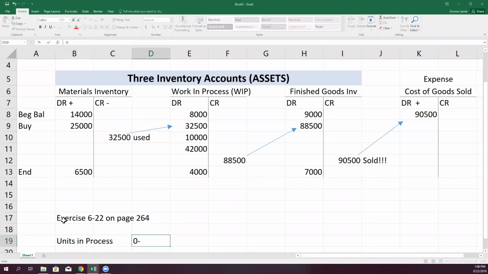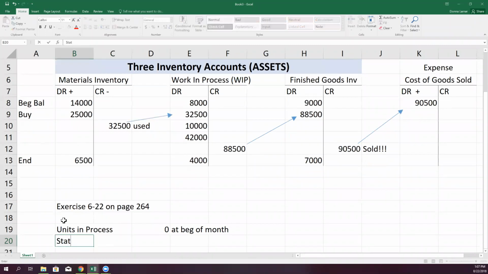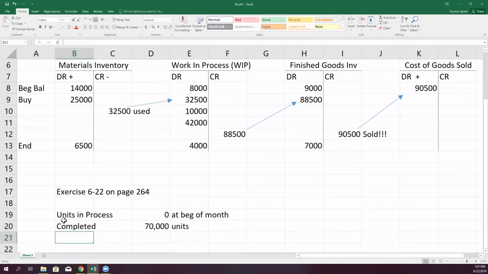They had 0 at the beginning of the month. During the month, they completed 70,000 products. And the ending work in process was 10,500 units at the end of the month.